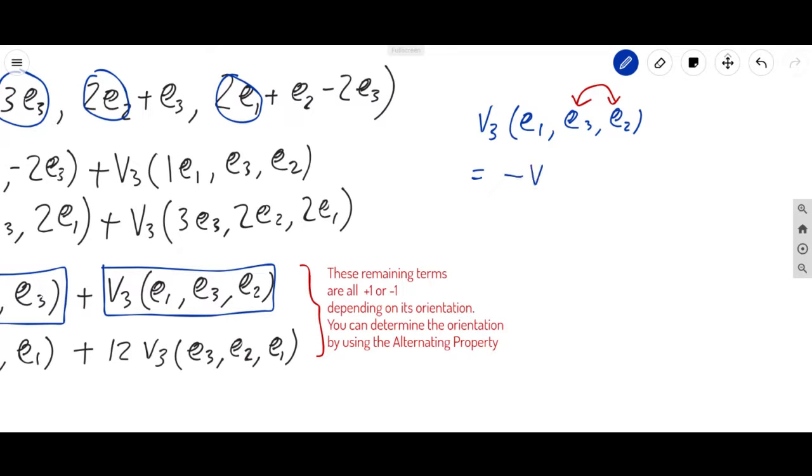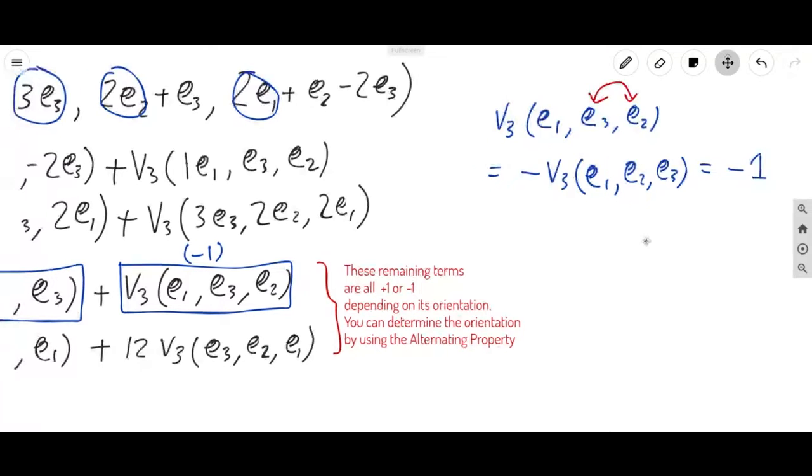Then you get negative V3 of E1, E2, E3. But now, because it's in the correct order, it's equal to 1. So this will be -1. So that means that this second term has to be chosen with the -1 sign. That is the volume of the cube, but with reverse orientation. That's going to be -1.